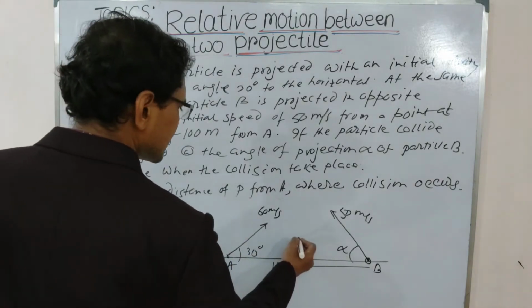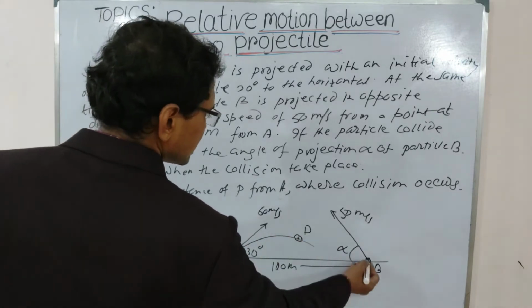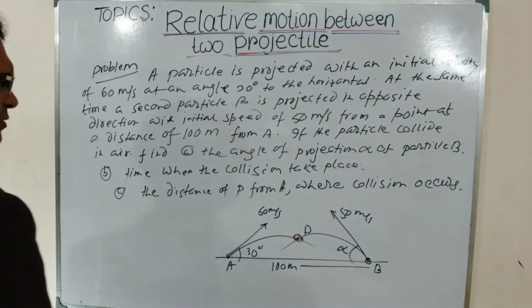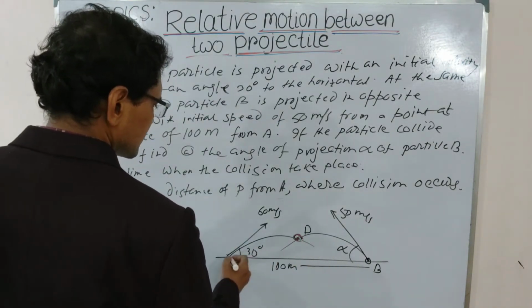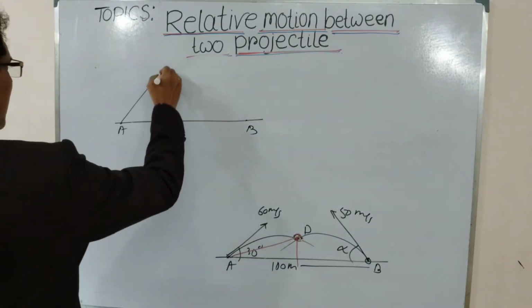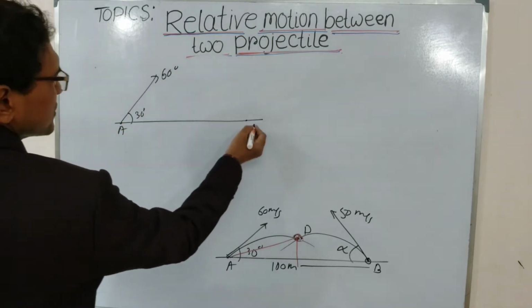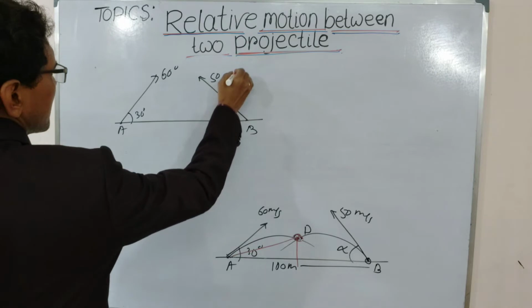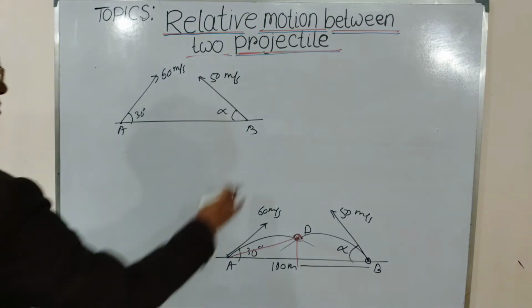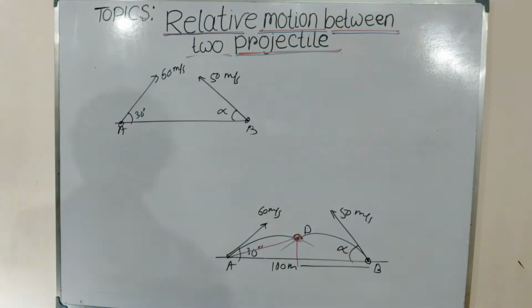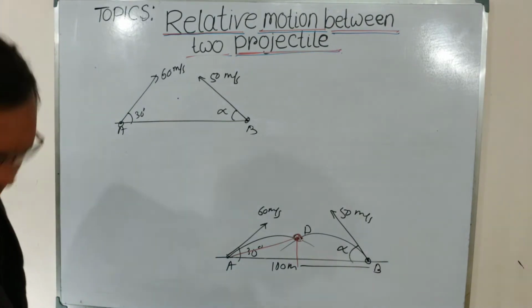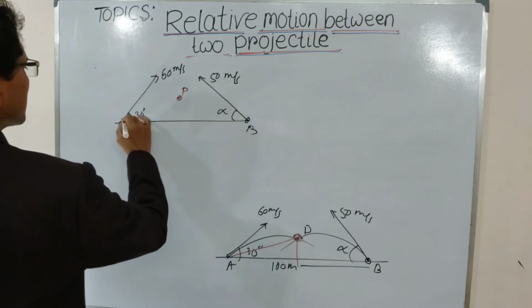Suppose the particles collide here, this is P. So you have to find the distance of P from A, that is AP.